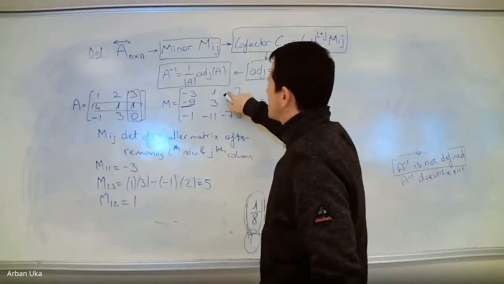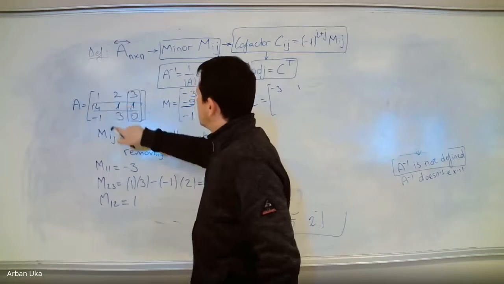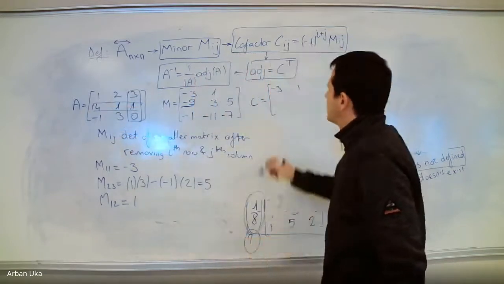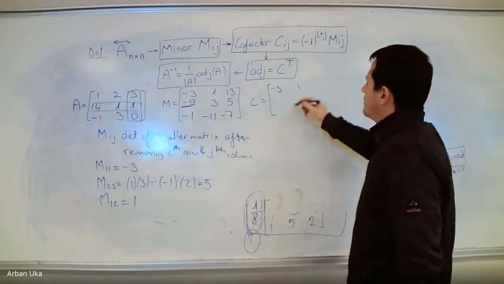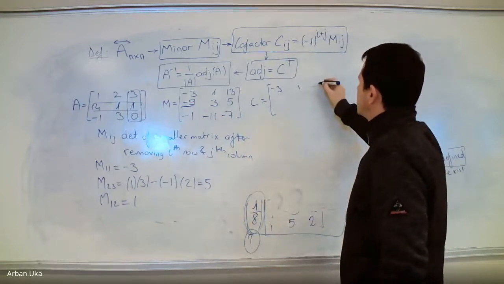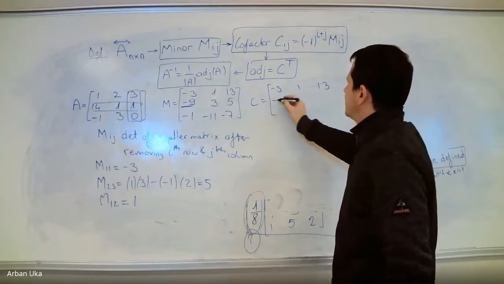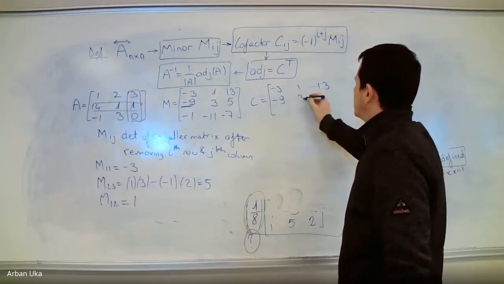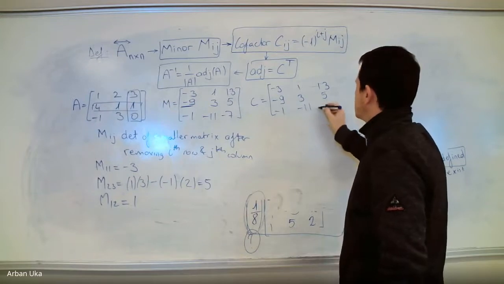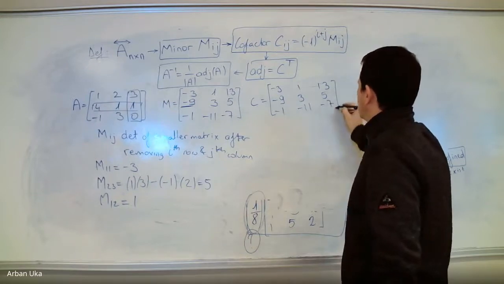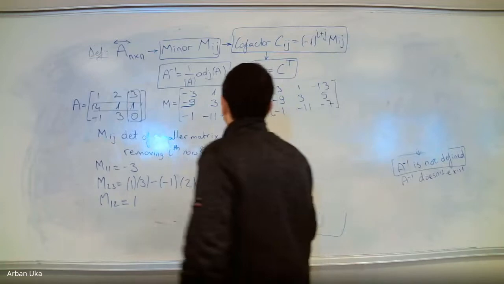This would be 12 plus 1, 13. Then here we have minus 1, minus 3, 1, 13, minus 9, 3, 5, minus 1, minus 11, minus 7. So we found the cofactor.